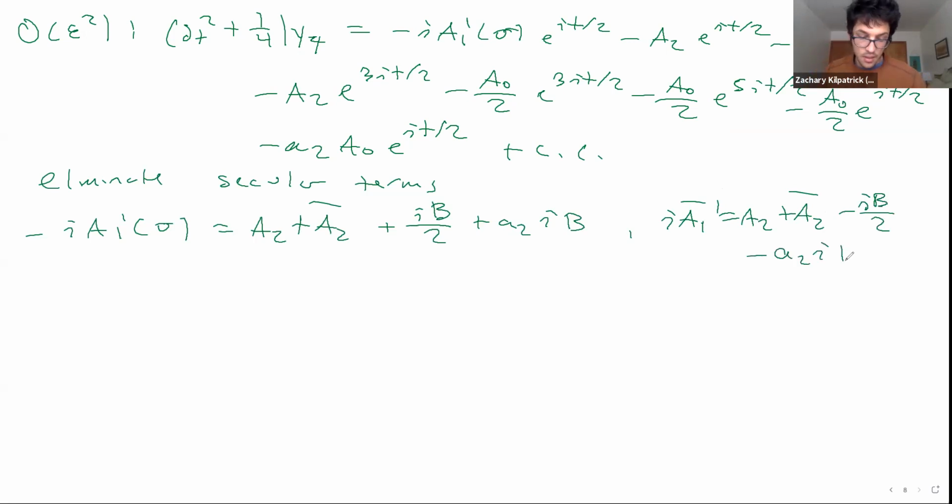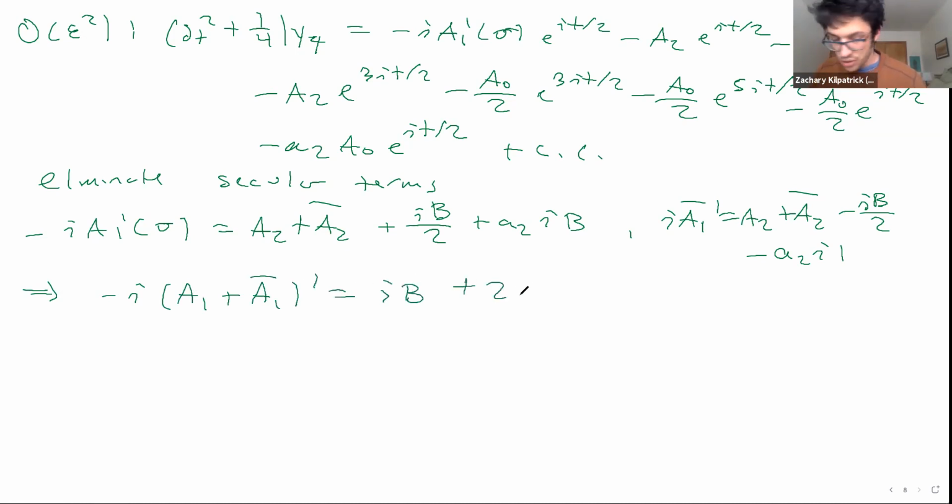Okay. So if I just take these and I sum them or subtract one from the other, I finally get minus a1 plus a1 bar prime is equal to ib plus 2 a2 ib. Okay. And it's 10 o'clock now, but I'll have to finish it later.